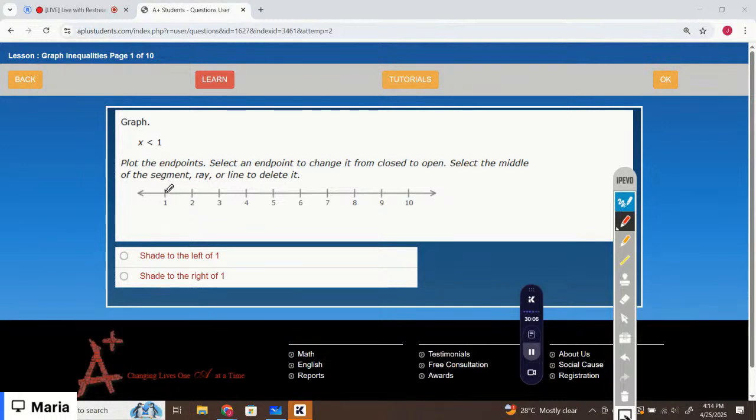X is less than 1. Shade to the left of 1. Option number 1 is the correct option. You have to make an open circle over here and point to the left side. That is, shade to the left of 1.